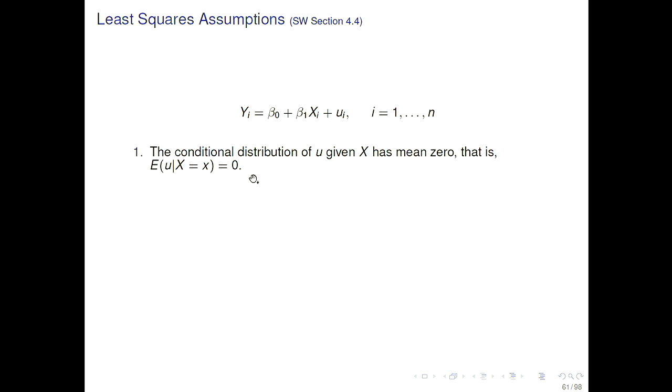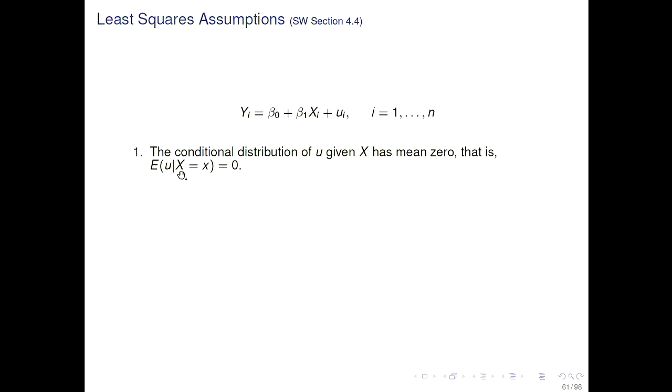So one way to think about this is that knowing some particular characteristic of the observation doesn't give you any information about the magnitude of the error term. Suppose you know that an individual is a high school graduate. This information doesn't allow you to say that the error term is going to be positive no matter what, or that the error term is going to be 0.